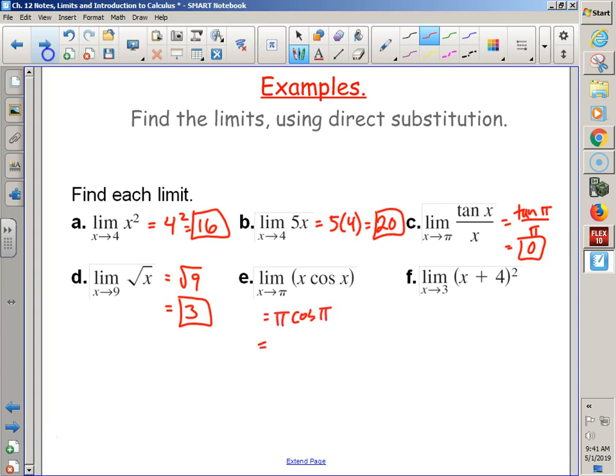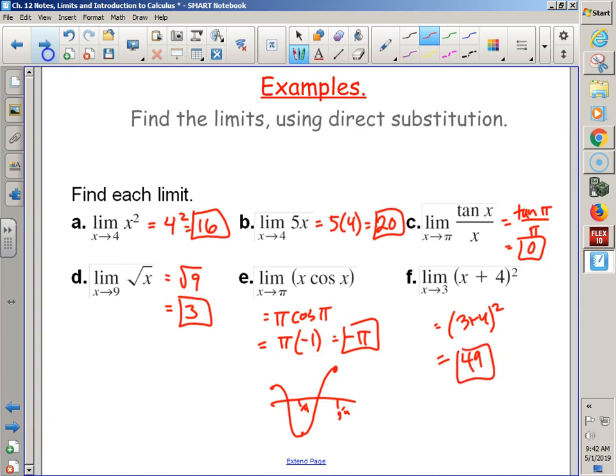Let me plug in: cosine of pi is equal to -1. Cosine of pi is -1. Negative pi. And it's basically a polynomial after you FOIL it out. It's just a quadratic. It's nicely behaved. So therefore, I get 3 plus 4 squared is equal to 7 squared is 49. 6 limits in less than 2 minutes.